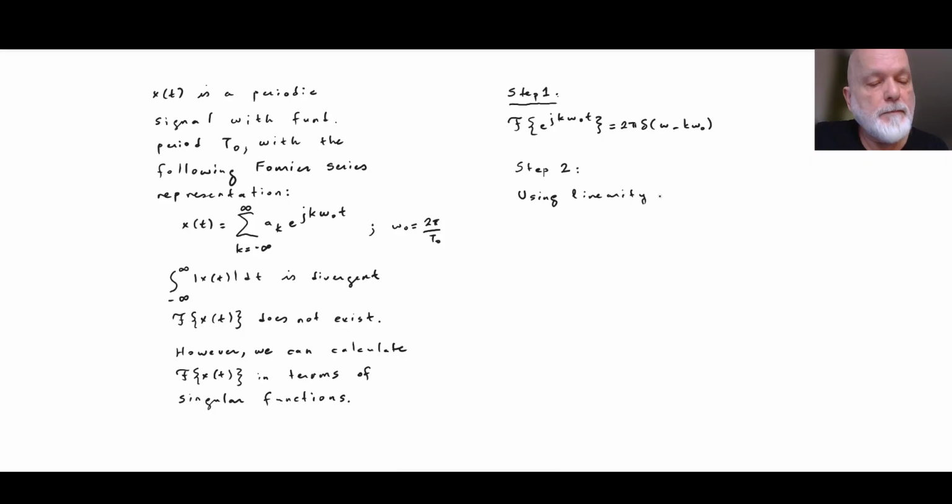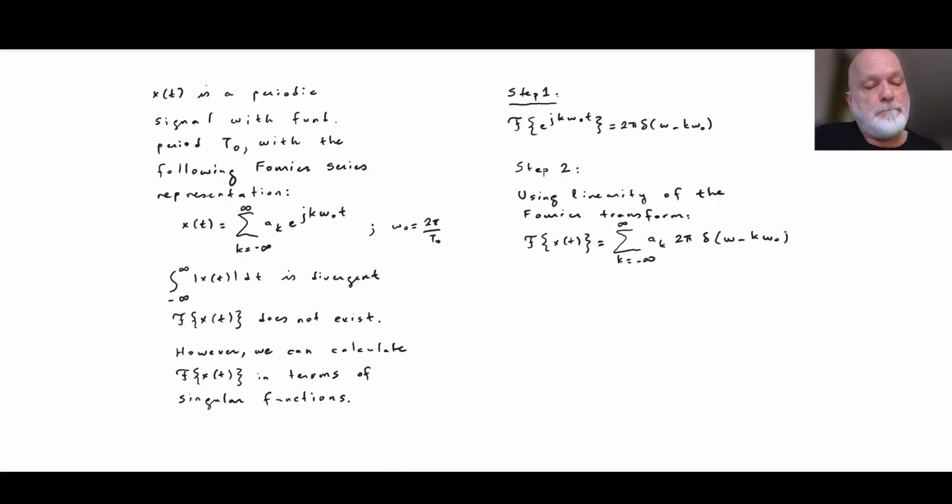The Fourier transform of x of t is the sum over k from minus infinity to plus infinity of ak 2 pi delta of omega minus k omega 0.